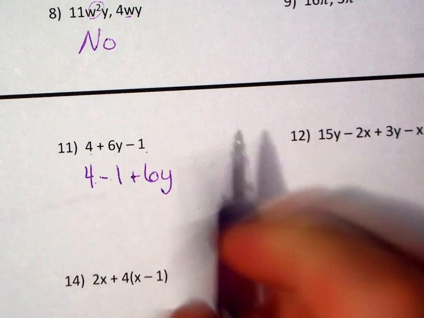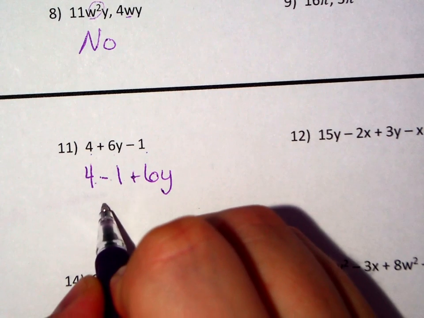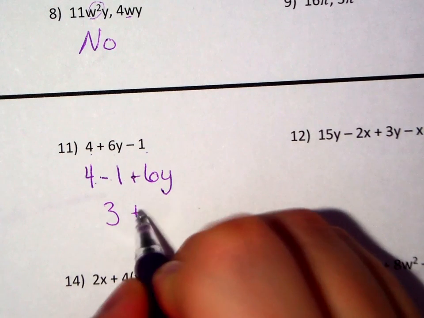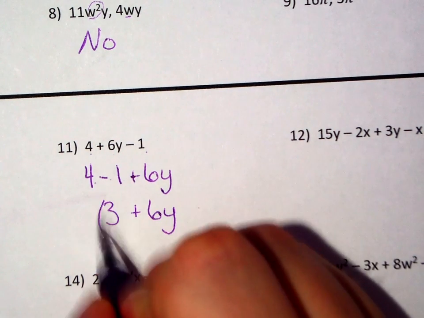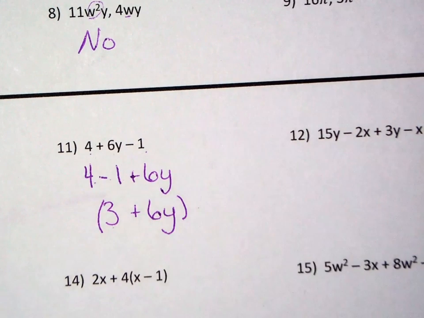4 minus 1 is 3 plus 6y. And now, since we're simplifying and we learned how to do factoring yesterday, I bet you could even go ahead and factor this down one more step, couldn't you? Let's find a GCF between these two terms.